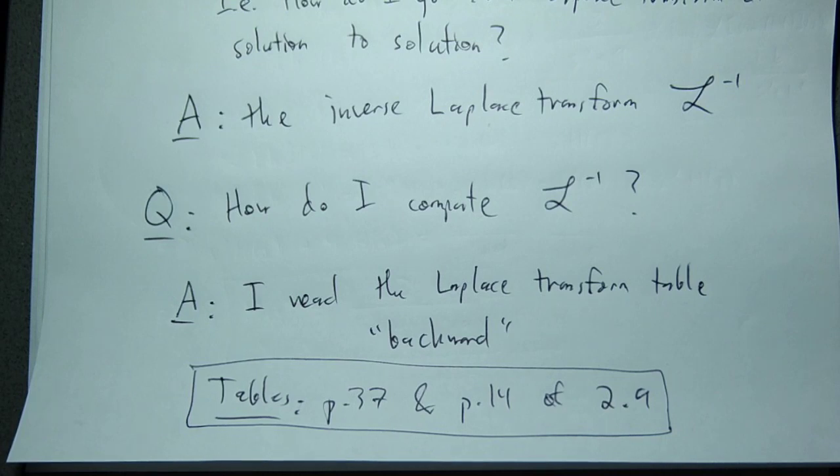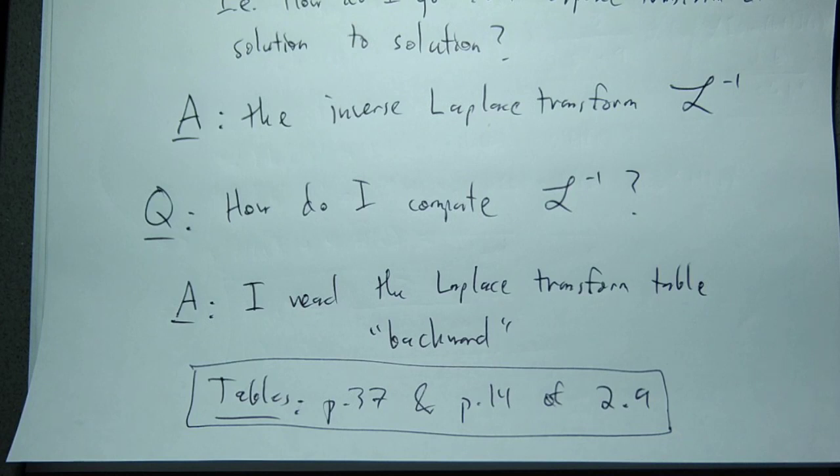The Laplace transform of cosine of bt is s over s squared plus b squared. The Laplace transform of sine of bt is b over s squared plus b squared. The Laplace transform of e to the at t to the n is n factorial over s minus a to the n plus 1, right? You can do all those saying that multiplication by an exponential is the same thing as translation, right? So we went over all that stuff. So that's me looking at the table and reading those things off.